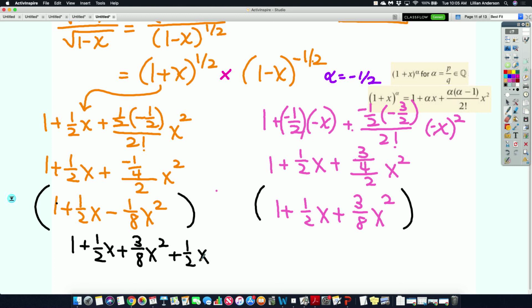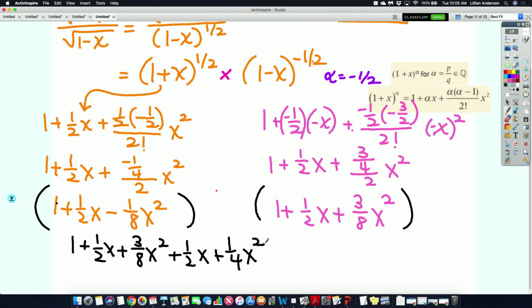Now I'm going to multiply 1/2 x times a 1/2 x, and that's going to give me a 1/4 x squared. And when I multiply 1/2 x by 3/8 x squared, do I need that term? No, because it gives me an x to the third. I'm only trying to get the first 3 terms, technically, of this expansion. So I don't need to write it.